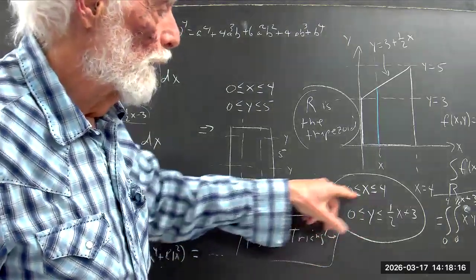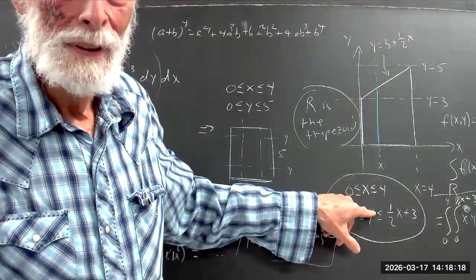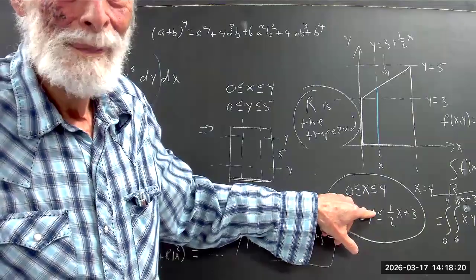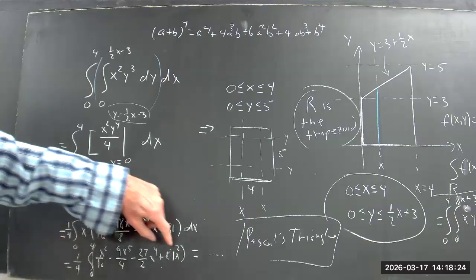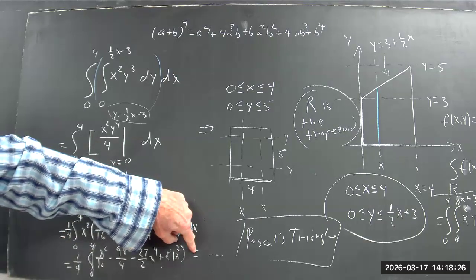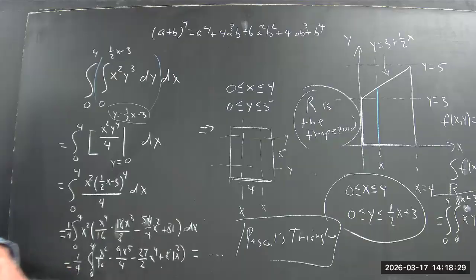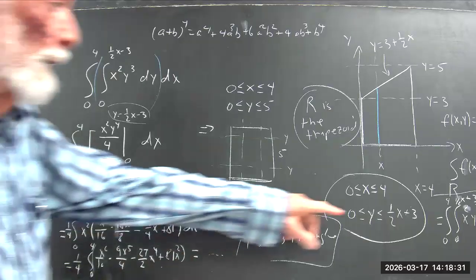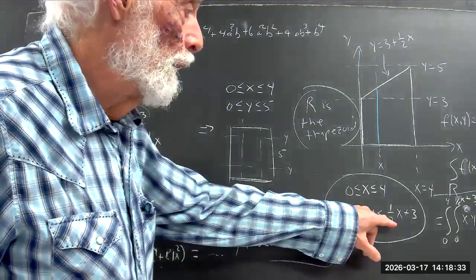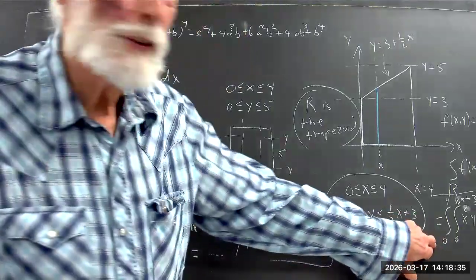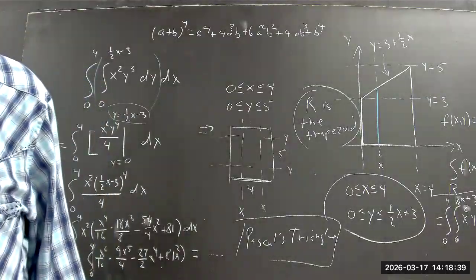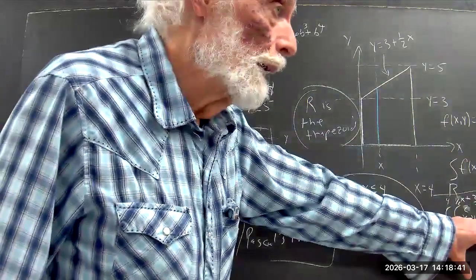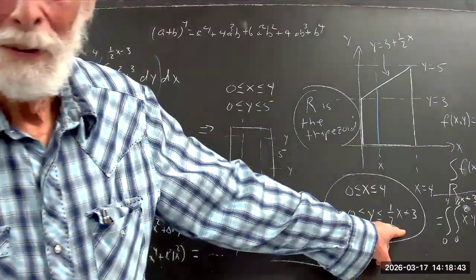You're going to integrate the one with the fixed limits last. In other words, I can now plug in 0 and 4 into this thing and I'm going to get a number. Okay. If I tried to have the limits 0 to 1/2 x minus 3 on the outside, I wouldn't get a number. And I'd be substituting for my x before I'm done using my x's.